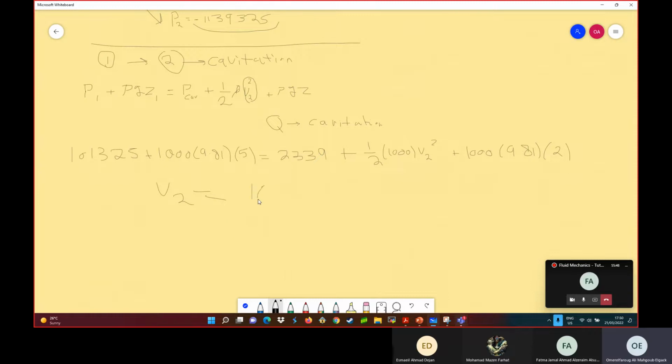Okay, it's 16.02. Find Q, which is V2 multiplied by A2, in case we have cavitation. So 16.02 multiplied by the diameter at point 2, which is 8 centimeter, 8 squared divided by 4.